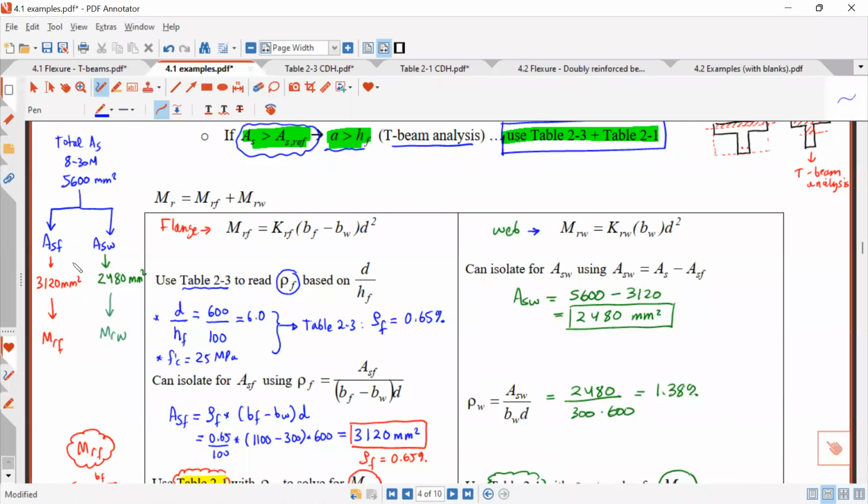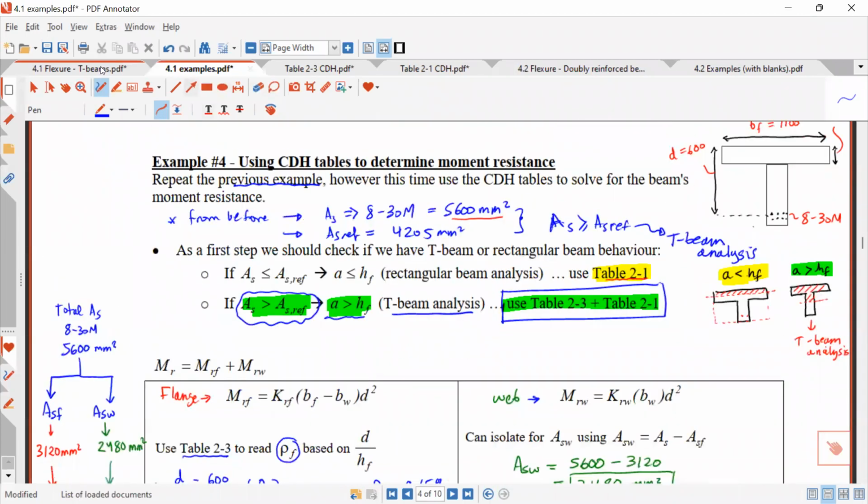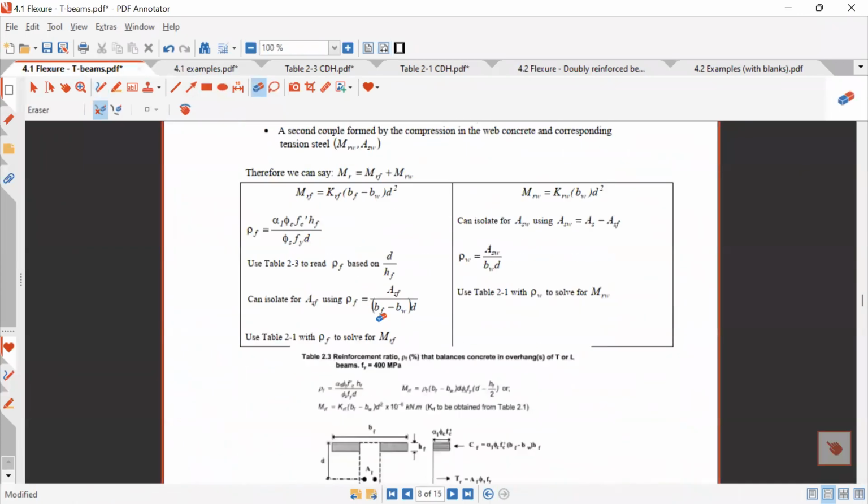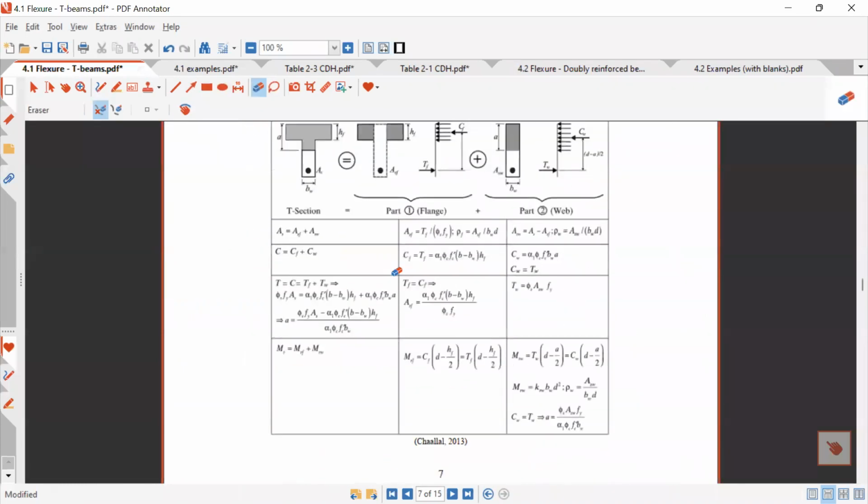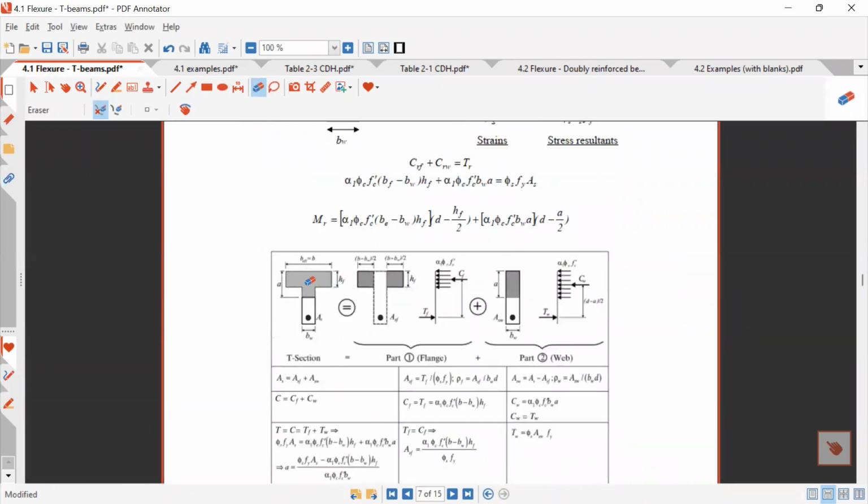Okay, like I said, here we have to go back to the theory. To calculate this moment resistance, we're taking our T-beam and splitting it into two parts. One part where we have this flange portion with this amount of steel ASF, and the second part where we have this web portion with this amount of steel, which we called ASW.